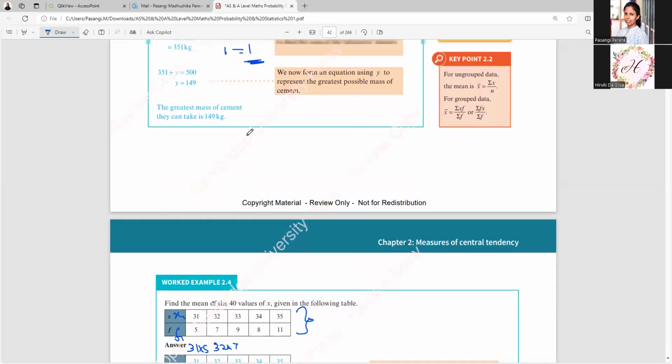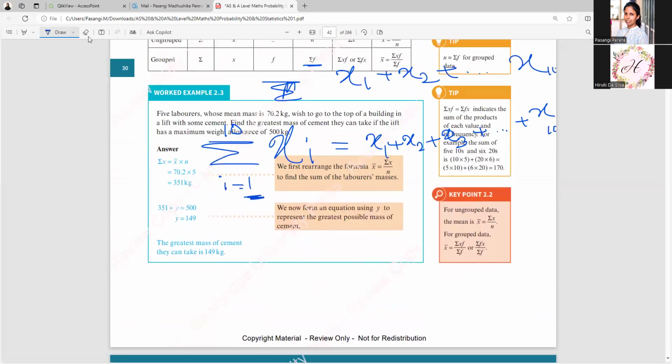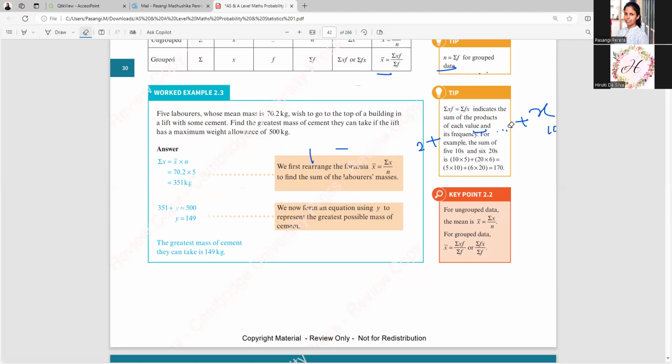Okay. Can you check with worked example 2.3 now, whether it's clear for you, the notations and those things? I'll just erase these ones.